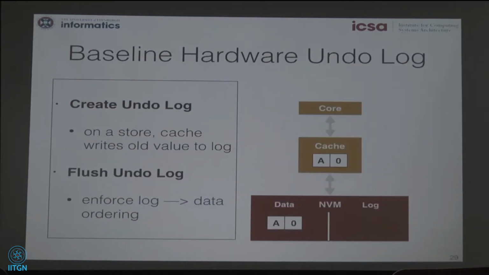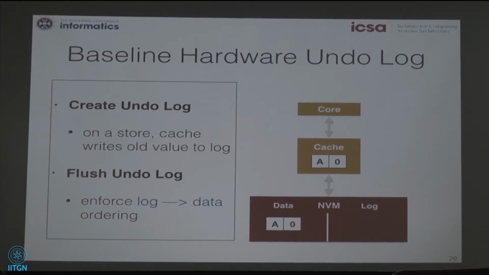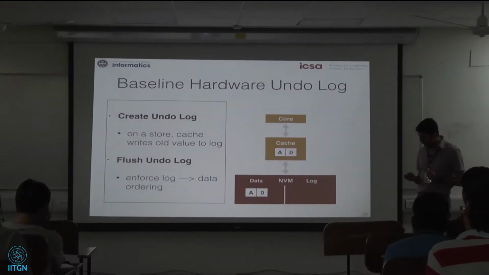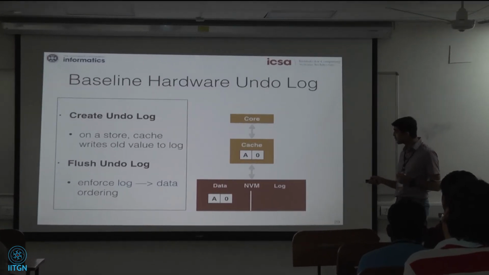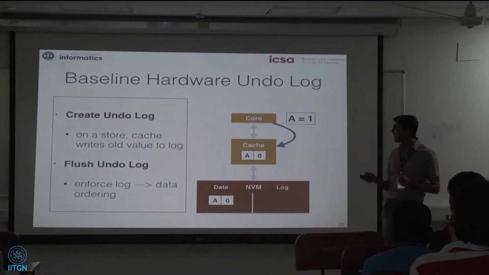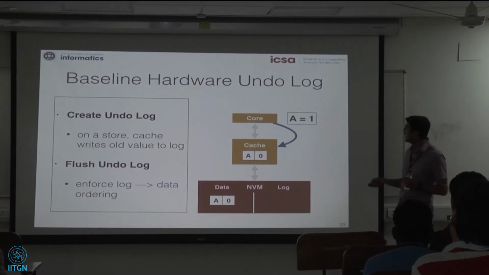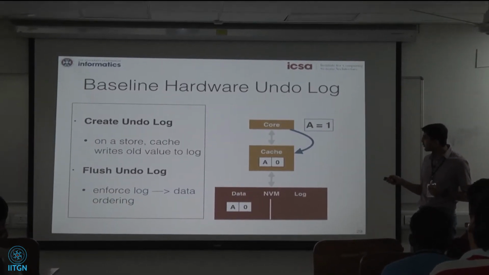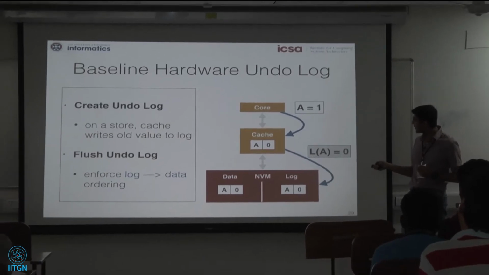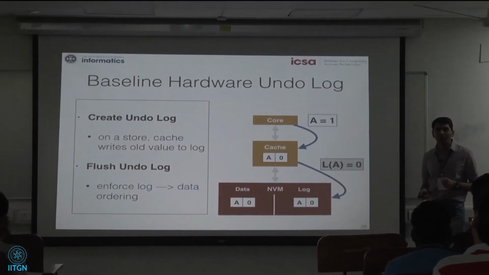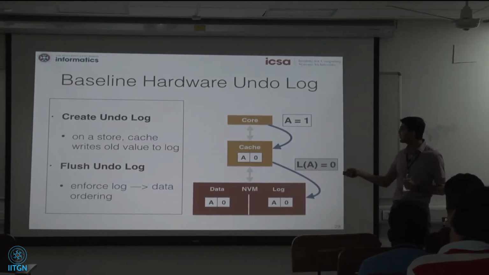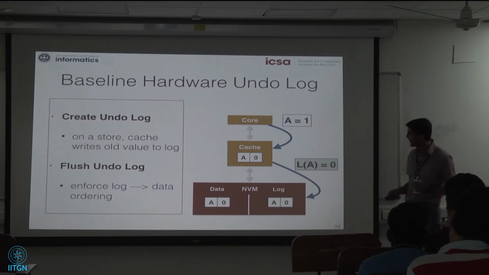Let's first look at how we can have a baseline simple undo log mechanism in hardware. Let's say we again want to modify this value A. The core will issue a store instruction saying write 1 to this cache line A. The cache, before modifying that value, will first write a log entry for that in the log area, since it already has the old value of that cache line.